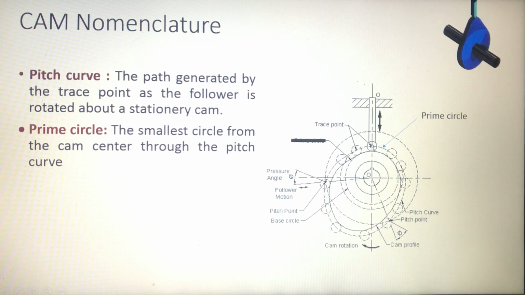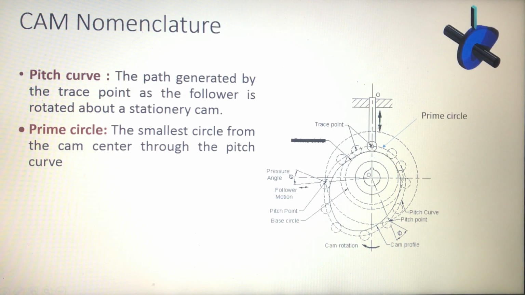In case of a roller follower, you will get a prime circle as well as a base circle. But in case of a knife edge follower, you don't have the radius of the roller, so it is directly in contact with the cam profile. That's why you won't get any prime circle. The base circle itself is the prime circle, and the pitch curve itself is the cam profile.